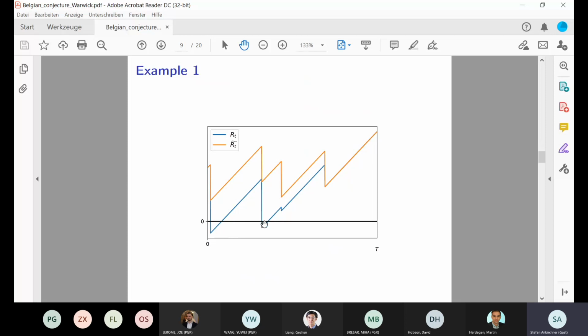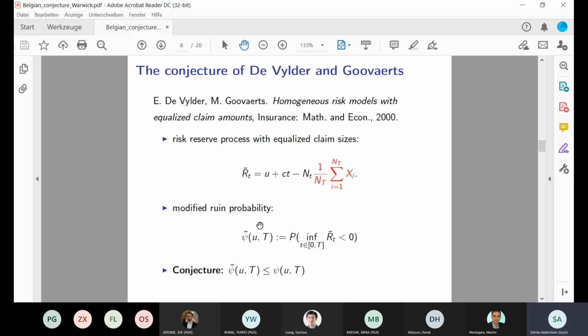So a priori, it's not clear. To put it differently, there are scenarios where averaging entails that no ruin occurs where ruin occurred before, and there are scenarios where it's exactly the opposite. So pathwise, it's not clear in which direction the relation holds, and that makes it quite complicated.